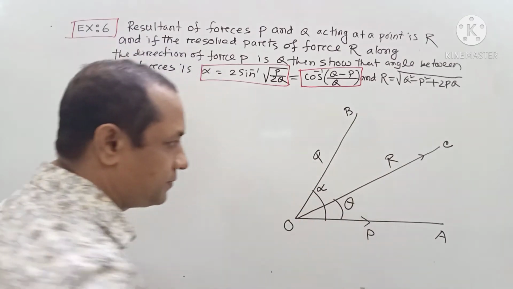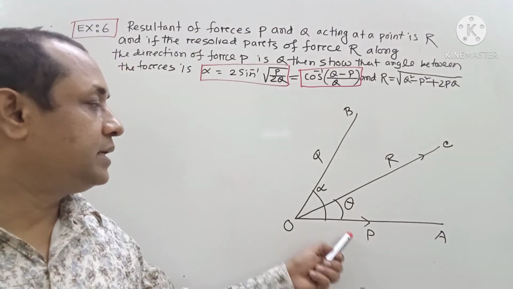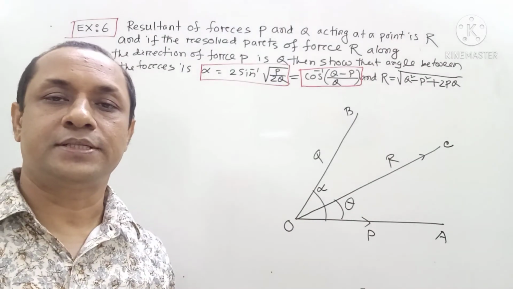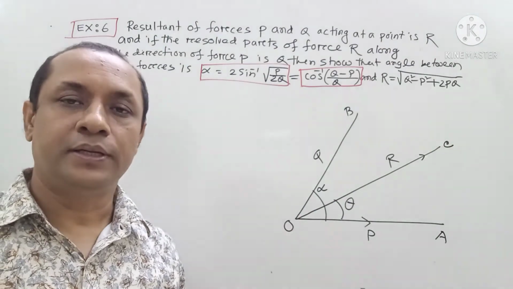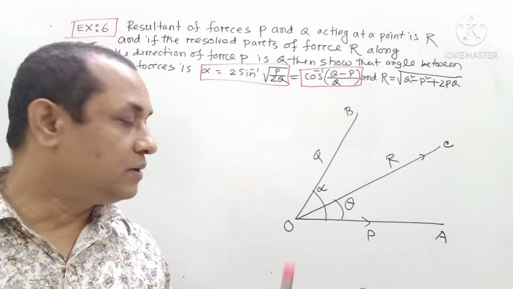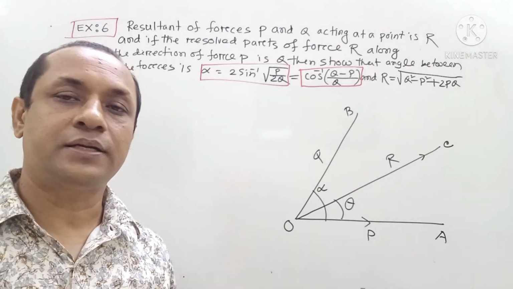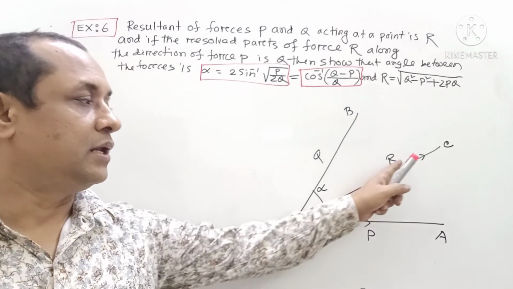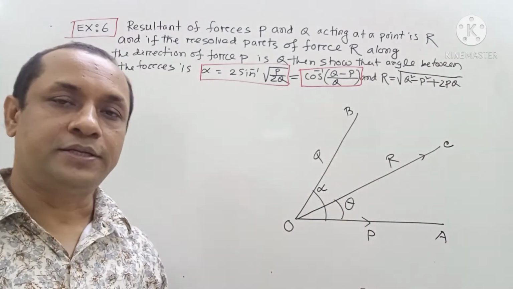I say again, student, P and Q are two forces acting at a point O along OA and OB respectively. The angle between the two forces is alpha, and the resultant force R acts at point O along OC, which makes an angle theta with OA.